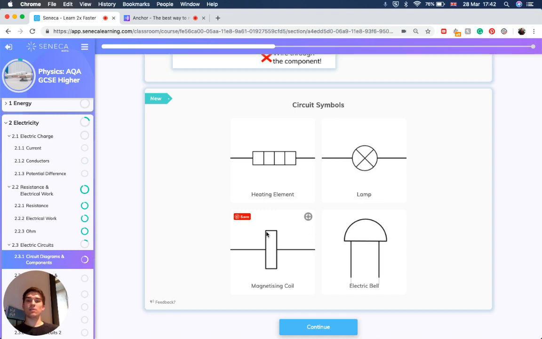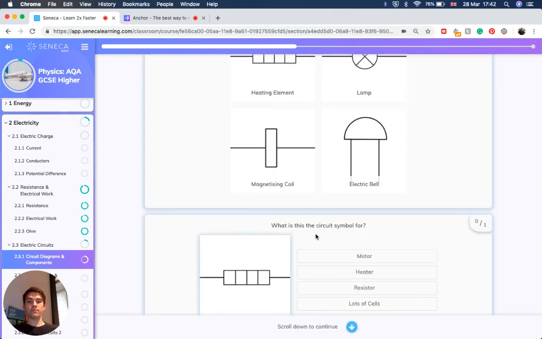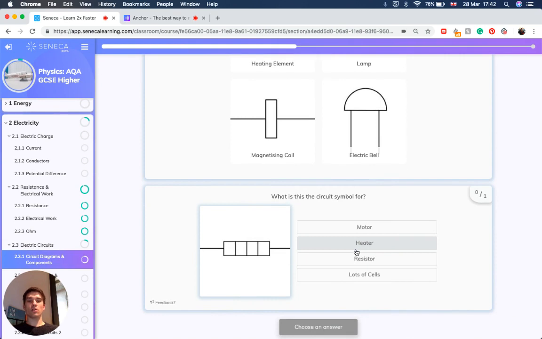And a heating element is a horizontal rectangle that's split into four parts with two wires going into either side. So remember, if we've got a horizontal rectangle split into four parts, can you remember what that is? It is a heater.